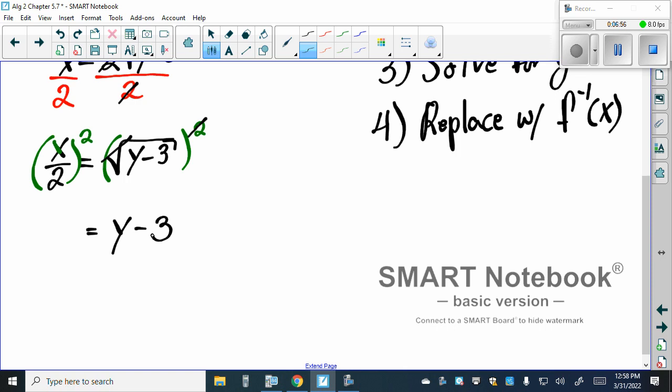Now we don't want to leave the other side as x divided by 2 squared. We can go on and apply that square. So if we square the numerator, x squared would give us just x squared. And if we square the denominator, if we have 2 squared, we get 4.